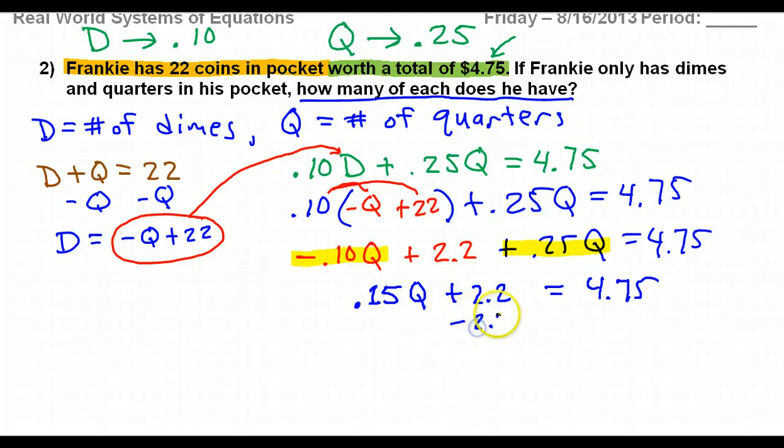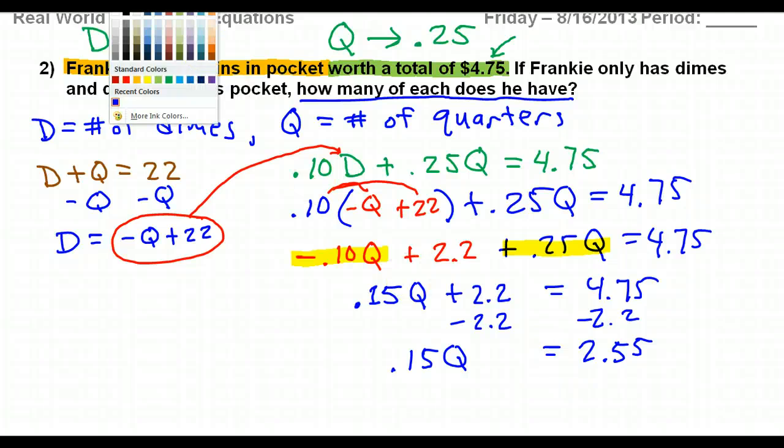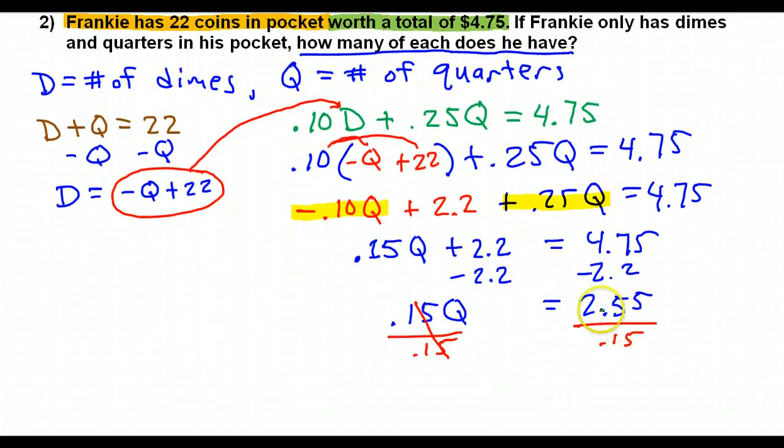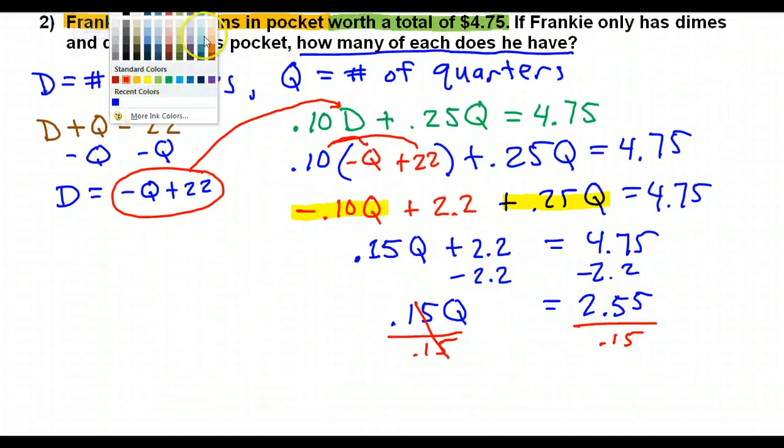Time to subtract 2.2 from both sides and see what we get. So I'm going to bring this down. So that's 0.15Q is equal to 2.55. Now, if we divide both sides by 0.15, like so, all right, we get 17.